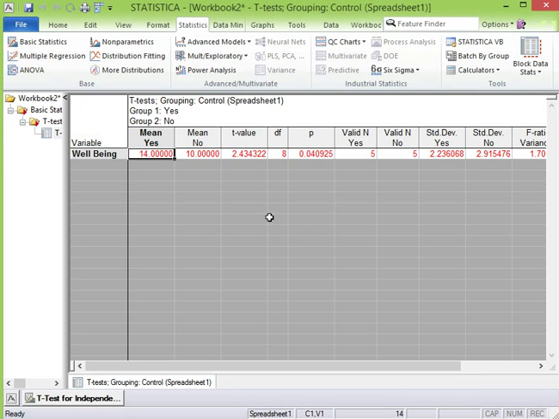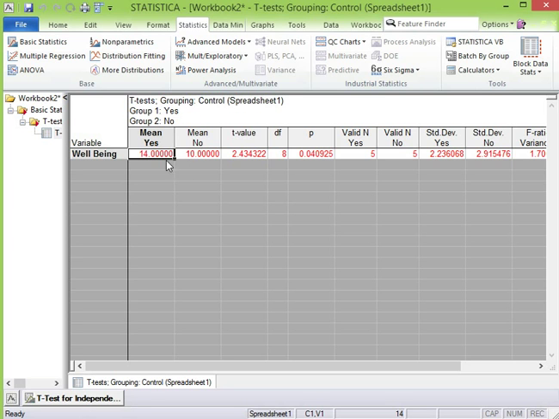So there, the mean of well-being for those who were given control is 14, and the mean for those who were not given control is 10. And we can see that the p-value is less than 0.05, which is our usual alpha level, which means that there is a significant difference between 14 and 10.